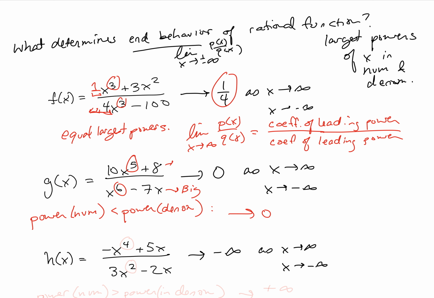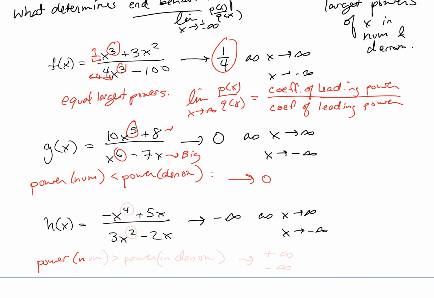And so, since the denominator is getting towards infinity faster than the numerator, the whole thing is going to go towards 0. And anytime that the power in the numerator is larger than the largest power in the denominator, so here 4 and 2, then we are going to go either to positive infinity or negative infinity depending on the situation. Here we went to negative infinity, but there are other examples where we would go towards positive infinity.